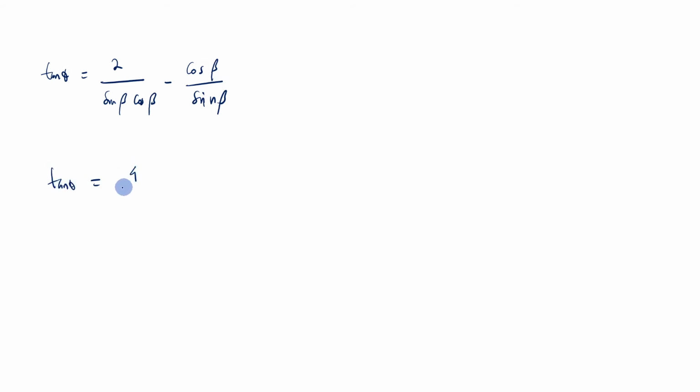So we get 4 divided by sin 2 beta minus cot beta, okay, and setting the derivative of this equal to 0, of course, to obtain the minimum value of theta, we get d tan theta divided by d beta, by the partial derivation.